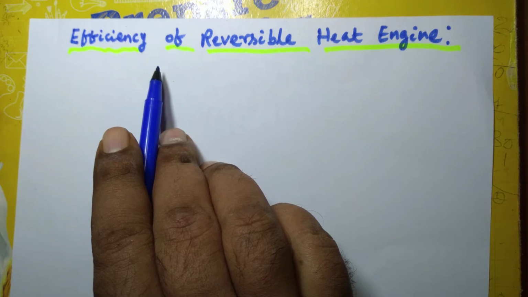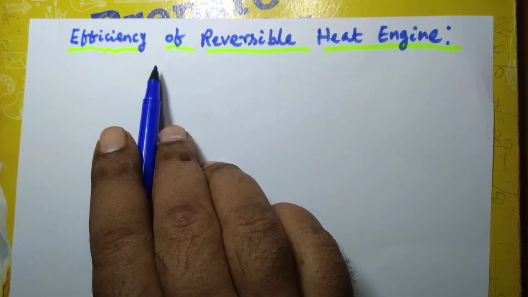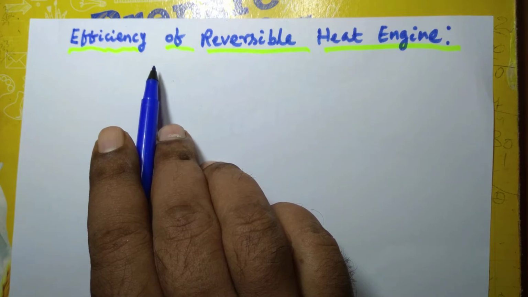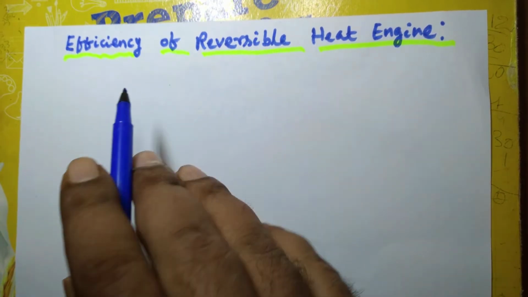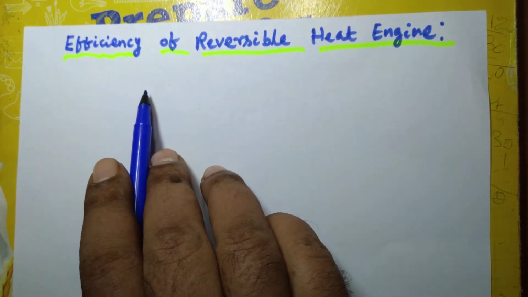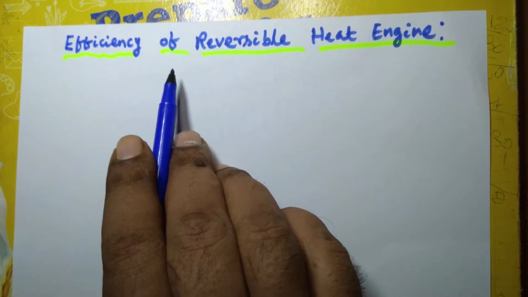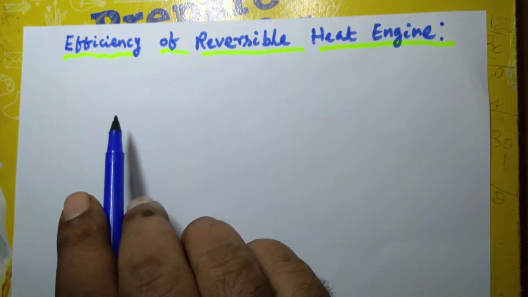In the last class we discussed the thermodynamic temperature scale, and we discussed that the temperature scale is independent of working substances. It depends upon the temperature limits within which that scale operates. So the efficiency of a reversible engine is a function of temperature limits only. So how to calculate the efficiency of a reversible heat engine? We'll learn in this class.